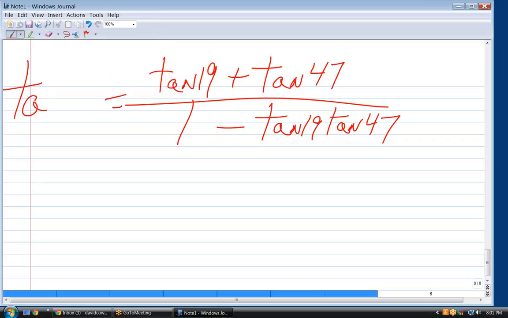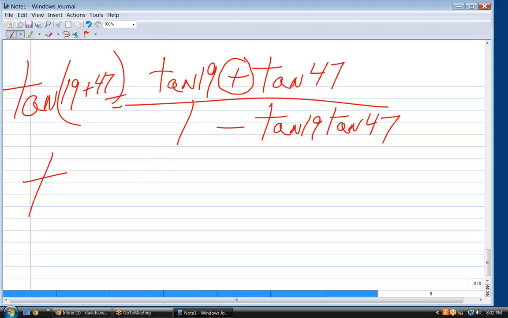So, is that the tangent of 19 plus 47 or the tangent of 47 minus 19? The numerator sign is the one that's the same. It's the denominator that has the different one. So, that's the tangent of 66 degrees.